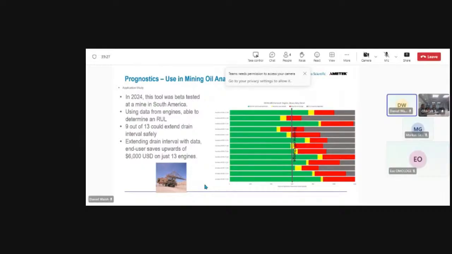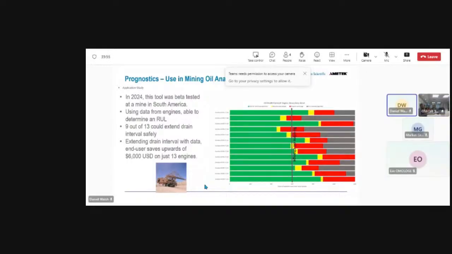And the question they asked was, can we safely extend drain intervals so that we essentially only need to change the oil when it really needs it?